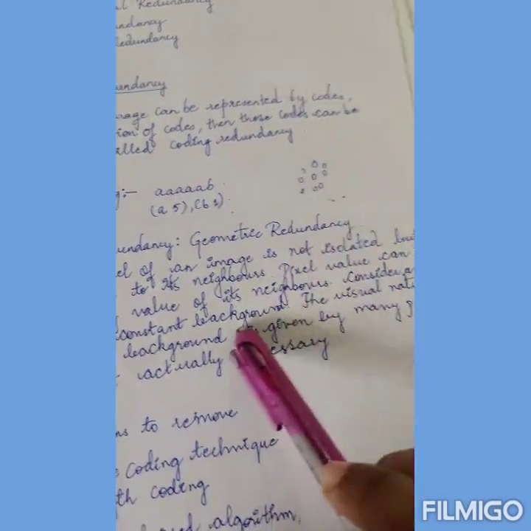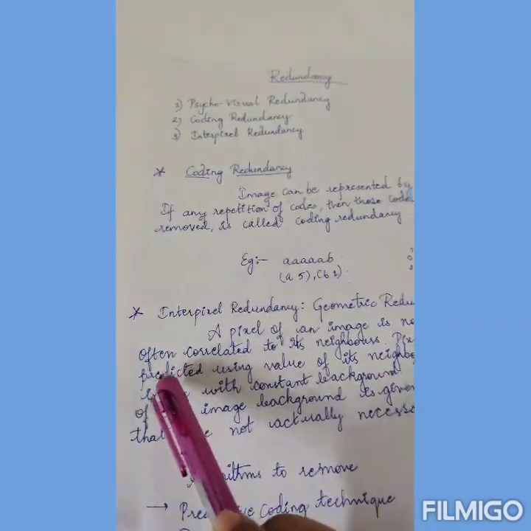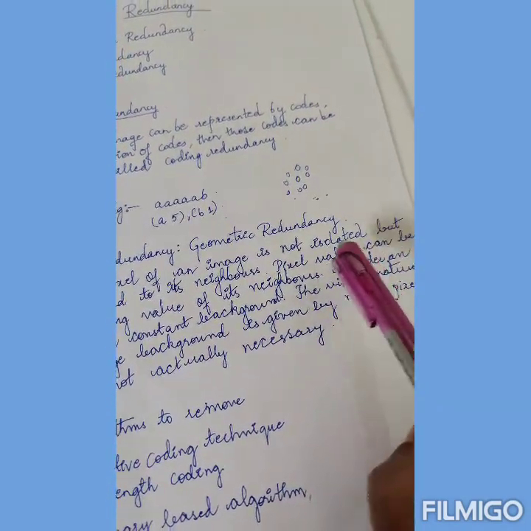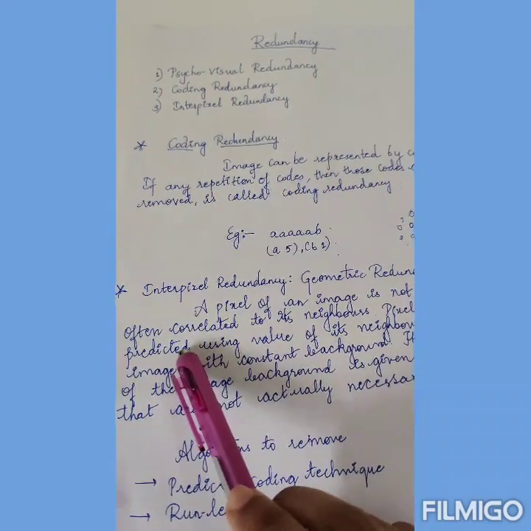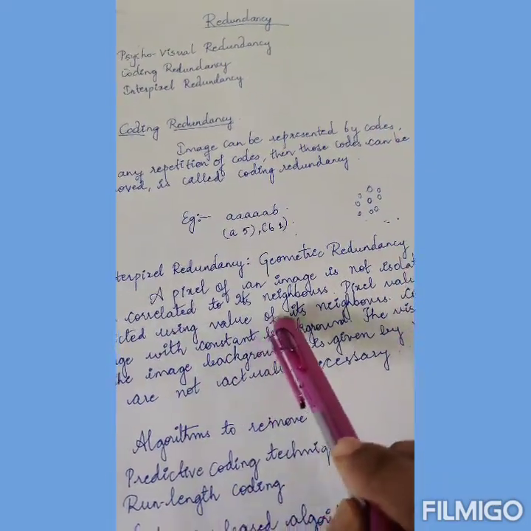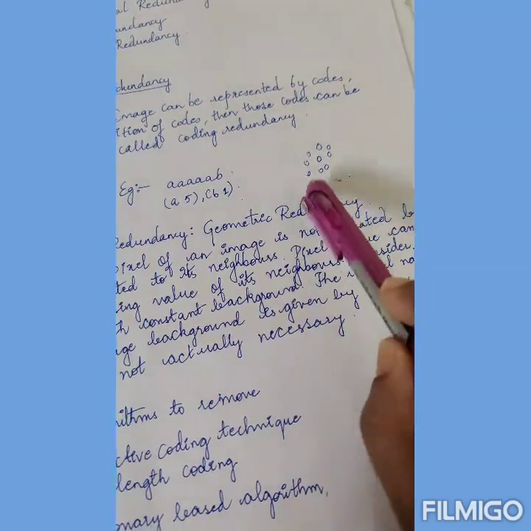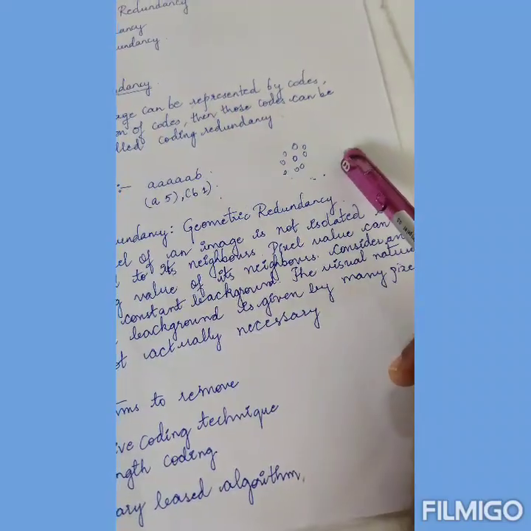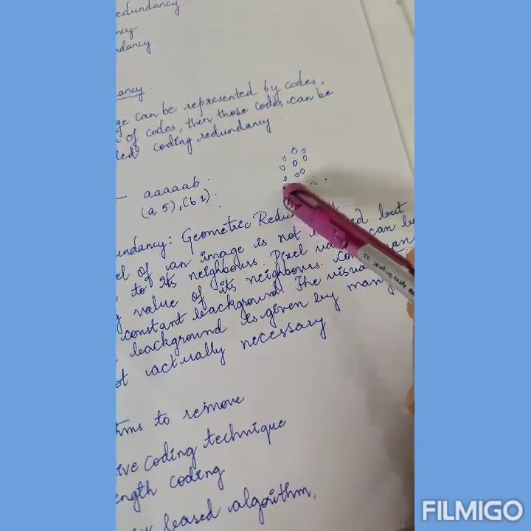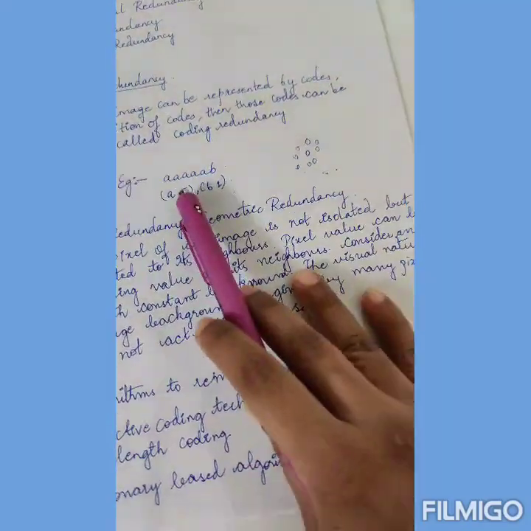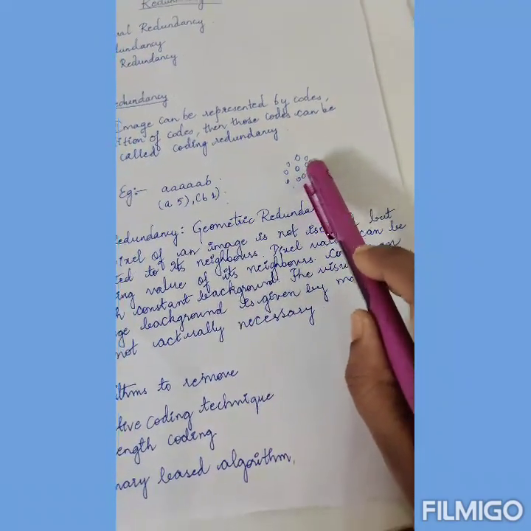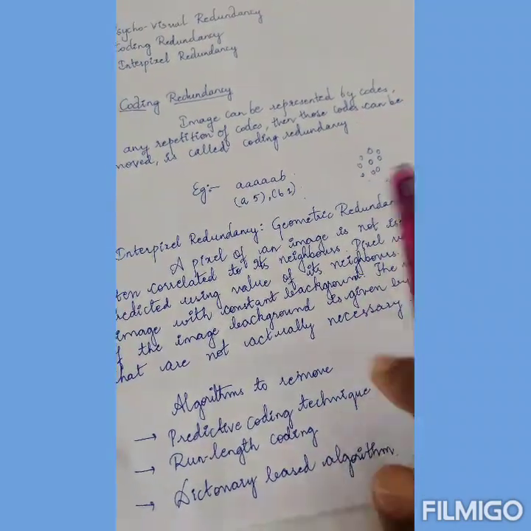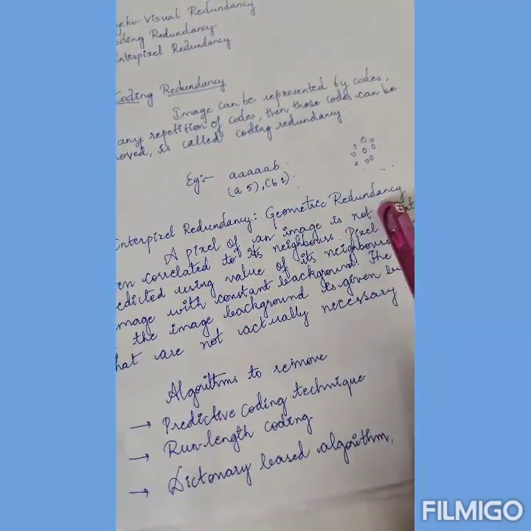Whatever I have explained, they are often correlated to their neighbors. So if we remove one pixel, the other pixel can be predicted using the value of its neighbor. That's why we can remove some pixel values. And also, if it is a constant background, it will not make any difference. We can remove the pixel values. This is also called geometric redundancy.